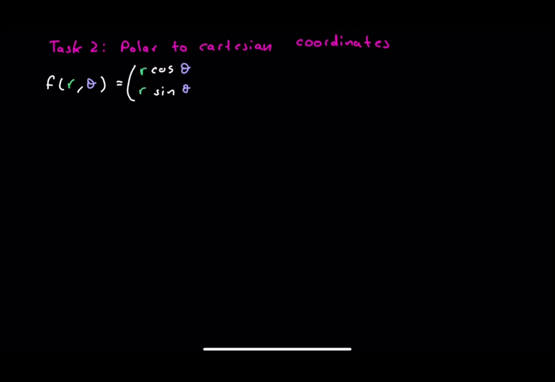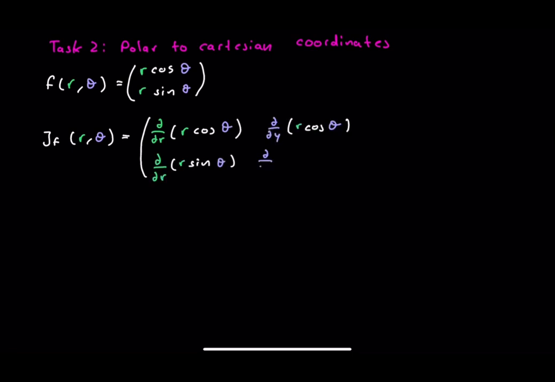Now for a geometric classic, polar to Cartesian coordinates. Define T of r and theta equals bracket r cosine theta, comma, r sine theta, bracket. Its Jacobian matrix is bracket cosine theta, negative r sine theta, sine theta, r cosine theta, bracket.